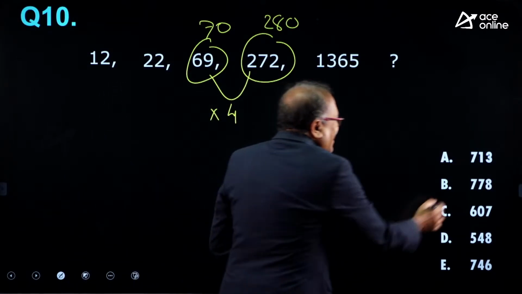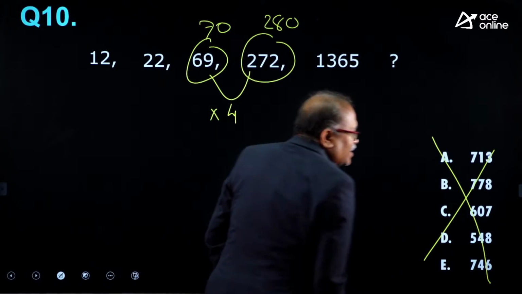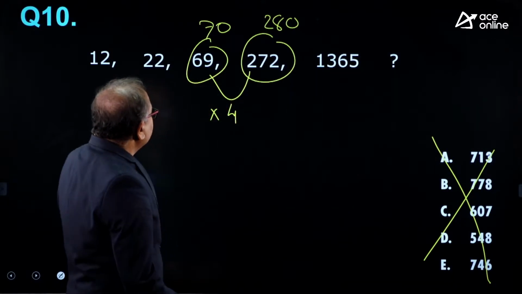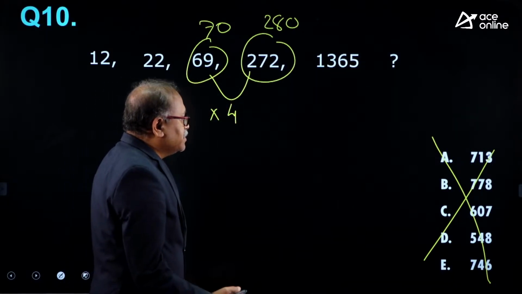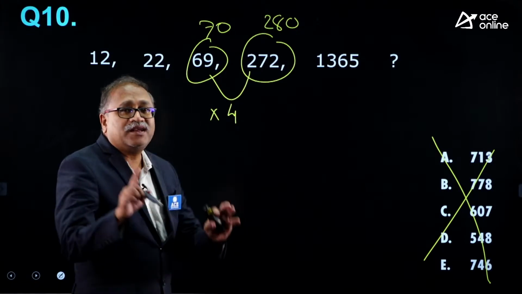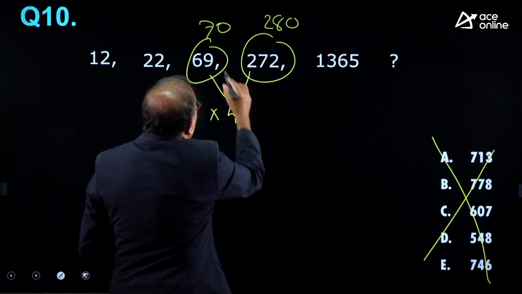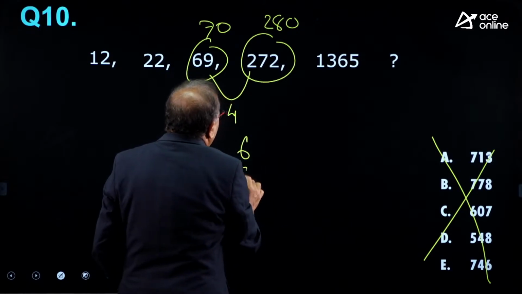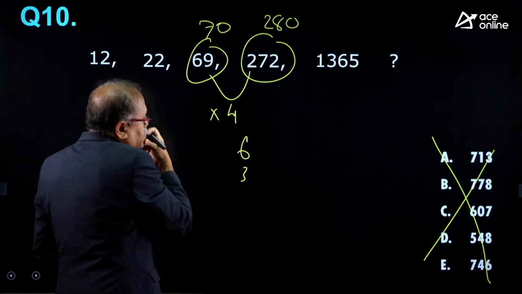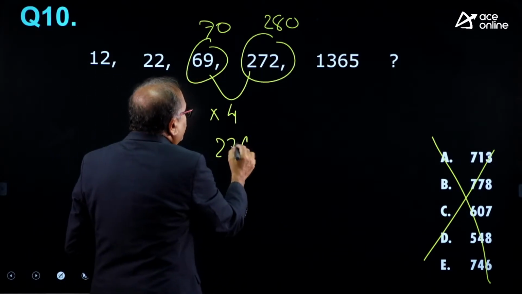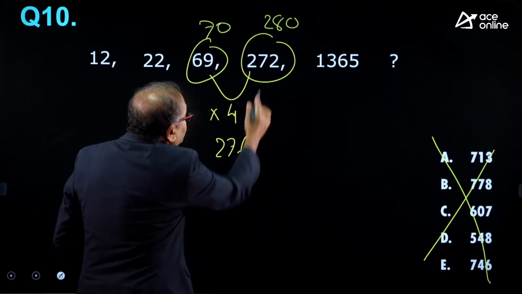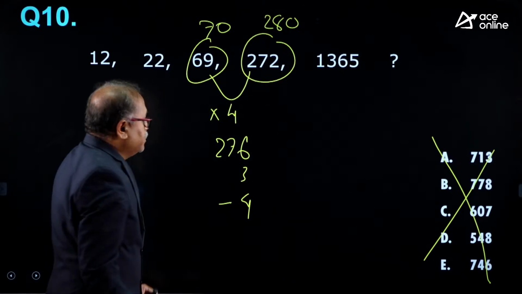I am extremely sorry, 8196. Okay, let me check that. So, here it is into 4, 9 4s are 36, carry 3 here, and 4 6s are 24 plus 3 is 27 over here, and I notice that it should be minus 4 here.